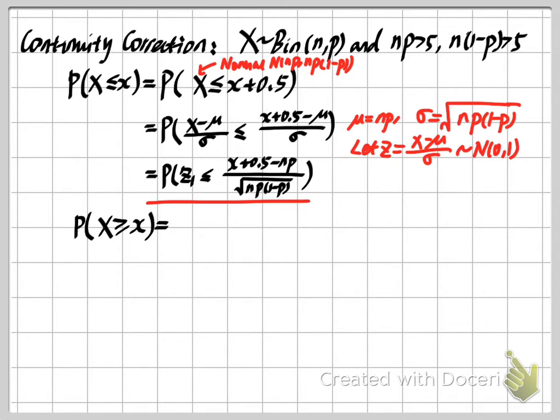So what does this mean? If you think about the axis here, and we say capital X is smaller or equal to small x, this is the left part of the axis. Enlarging this shaded part means we want to add x plus 0.5 here.